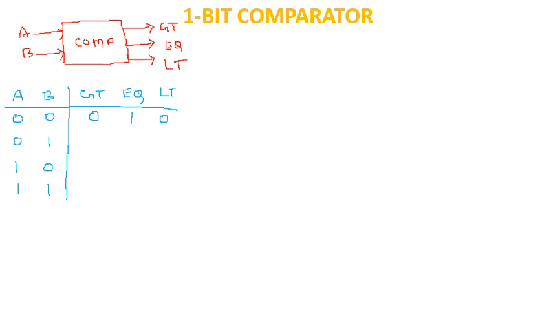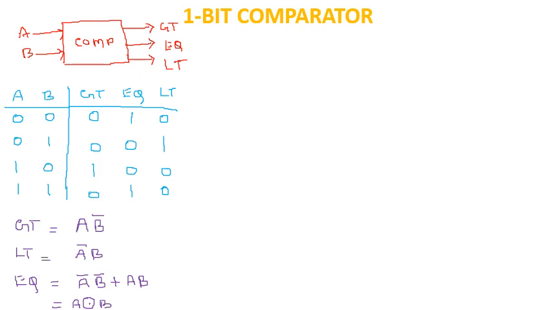And when A is 0 and B is 1, that means A is less than B. The other two signals are 0. When A is 1 and B is 0, A is greater than B. And when A and B are 1, 1, again they are equal. The other two signals will be 0.